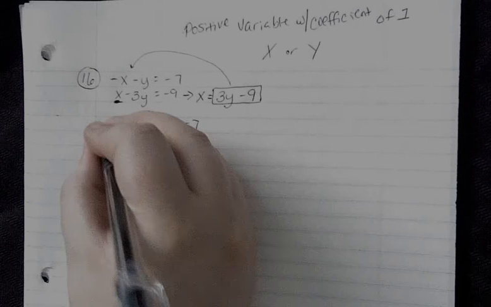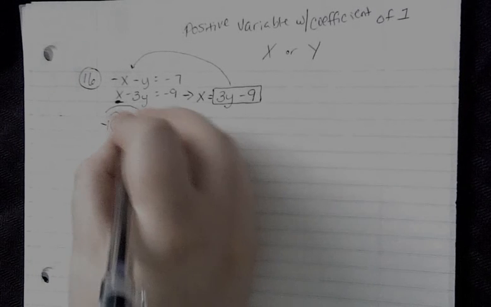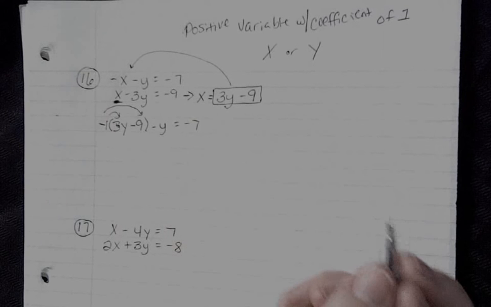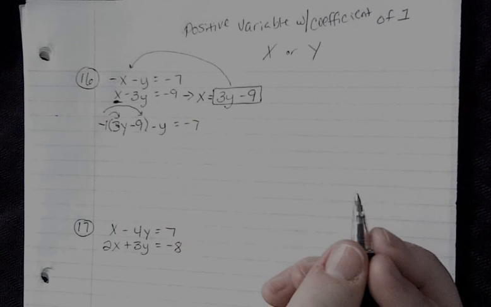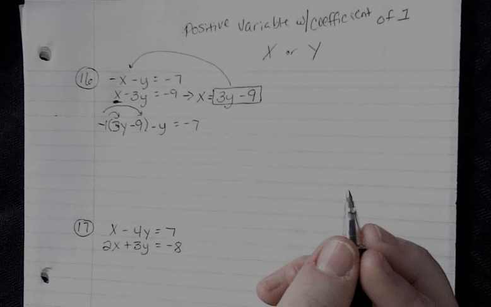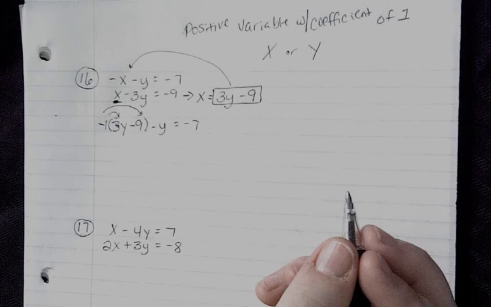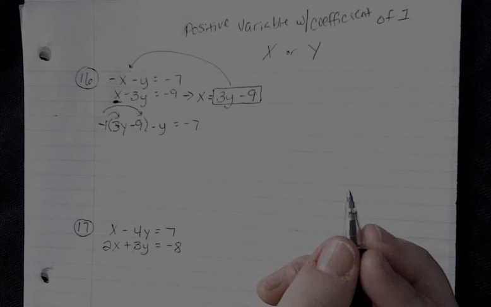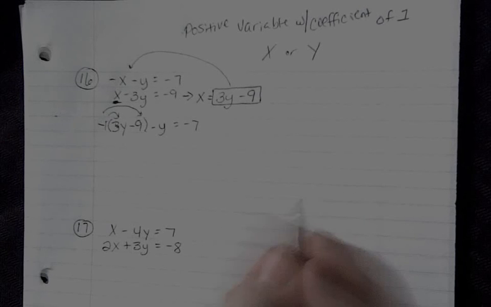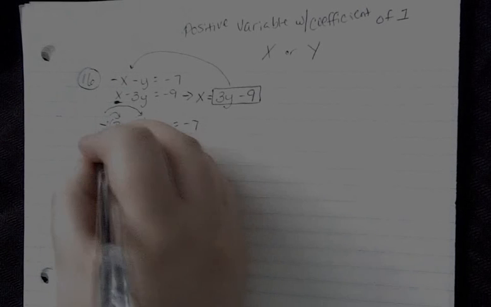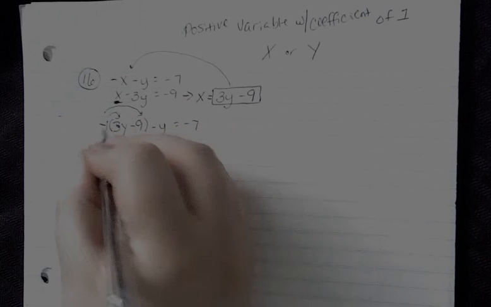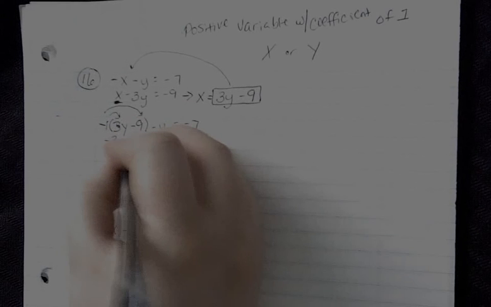So we have to distribute that negative 1 into both terms in that set of parentheses. So negative 1 times 3y is negative 3y. Negative 1 times negative 9 is a positive 9.